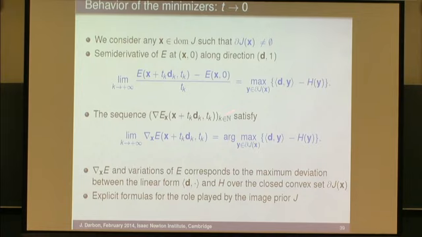So you have this form, and the sequence of the semi-derivative is essentially the same one, but you take the arg maximum. So here what you get is that those two quantities, the variation of E and how the gradient is moving, is exactly the maximum deviation between this linear form. So you give me the direction D. It depends how you approach your data X. It depends on the direction, how you're going to approach.